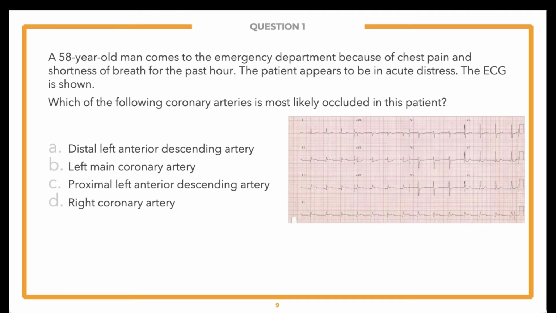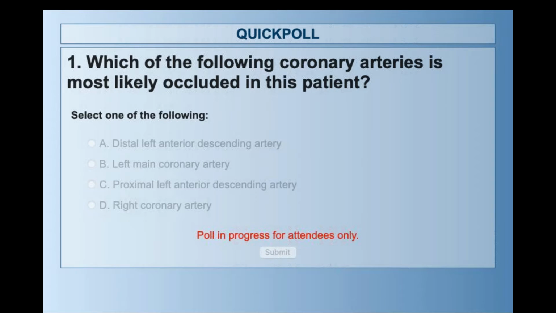Okay, thank you, Abraham. So we have launched the poll. Go ahead and let us know which of those coronary arteries is most likely occluded in this patient. One thing we'll remind you is that on test day, you don't want to leave any question unanswered, so you're not going to get penalized for it.